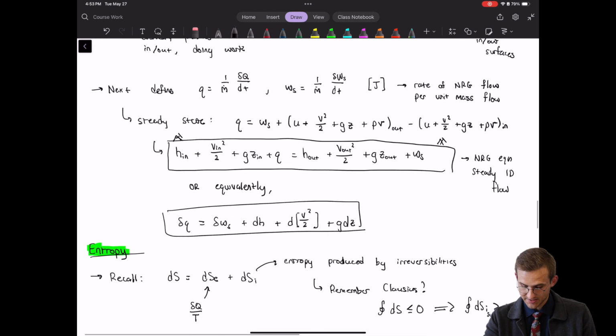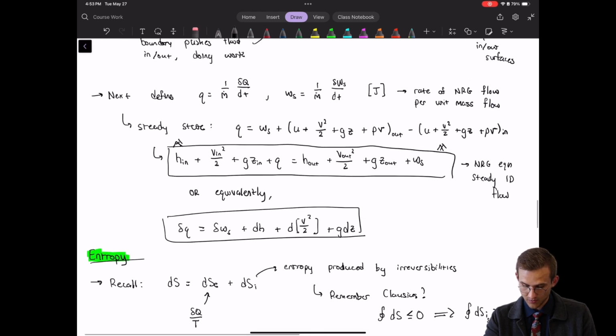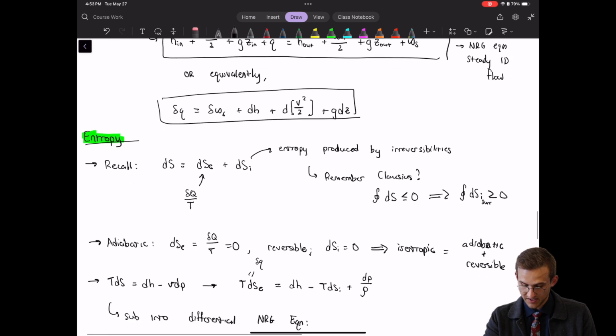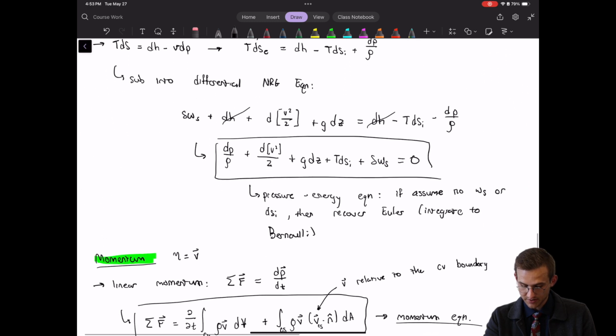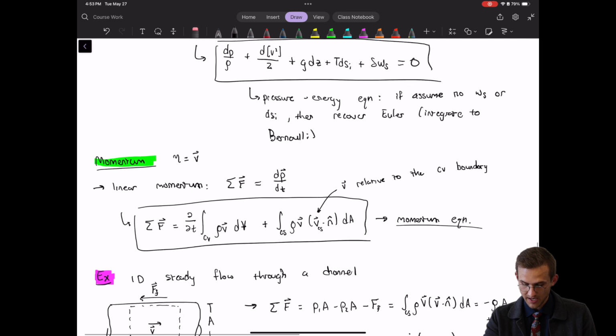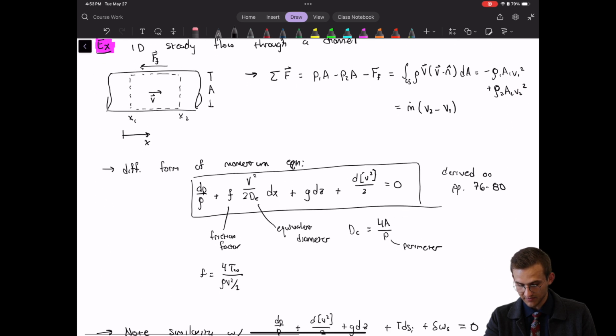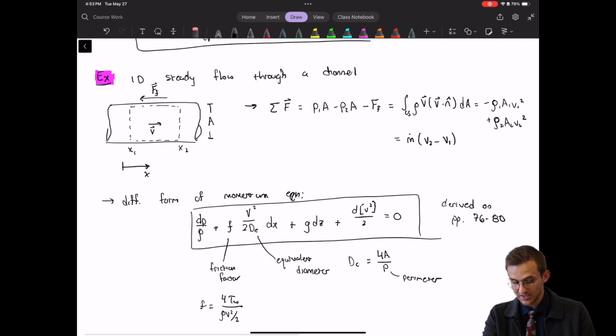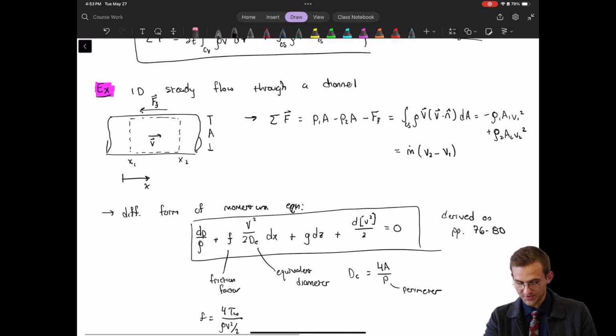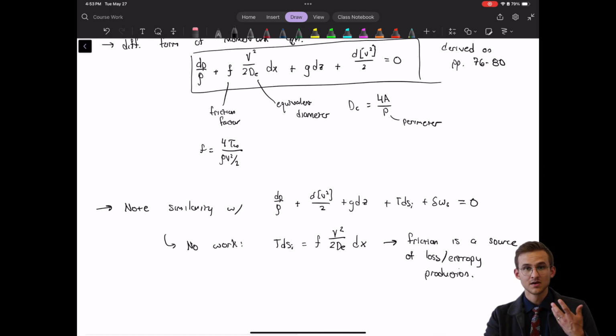In this case, you get this energy equation. And then here we ended up with a pressure energy equation that, after we came up with this 1D steady flow through a channel, which eventually leads to this differential form of the momentum equation, we could compare the two and come up with some physical insight: that the friction here is leading to entropy production. Okay, the two are essentially equivalent.